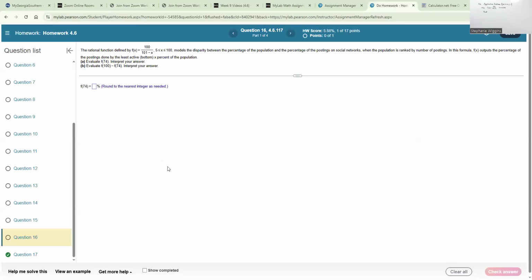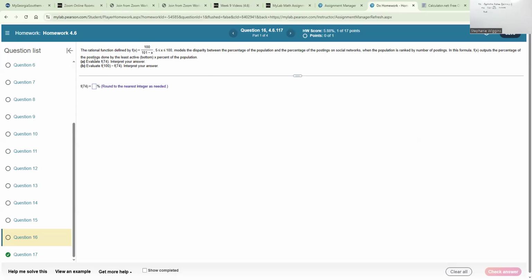We have a rational function, 100 over 101 minus x, where x ranges between 5 and 100. It models the disparity between the percentage of the population and the percentage of the postings on social networks when the population is ranked by number of postings. In this formula, f of x outputs the percentage of the postings done by the least active, or the bottom x%, of the population.